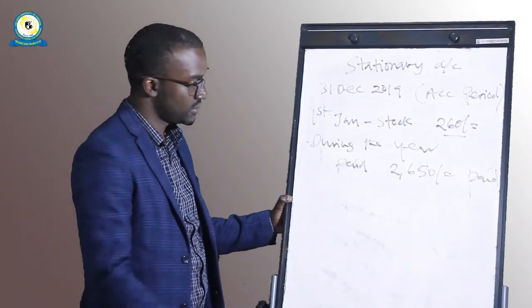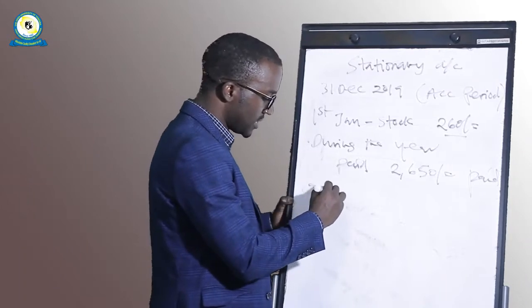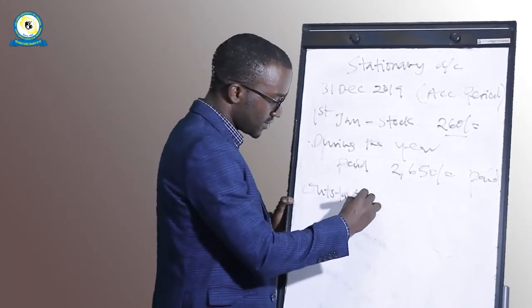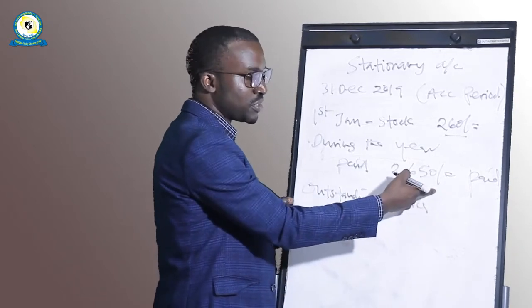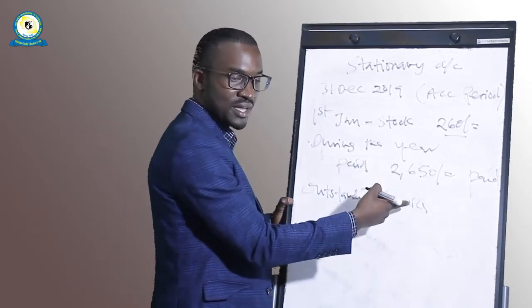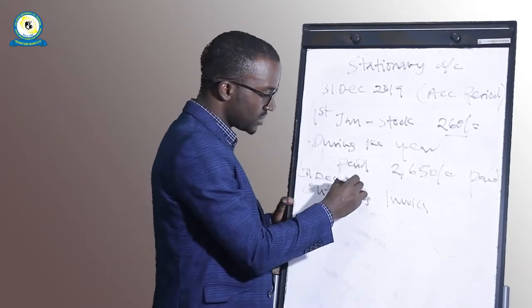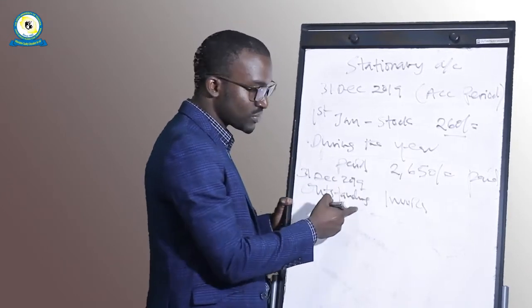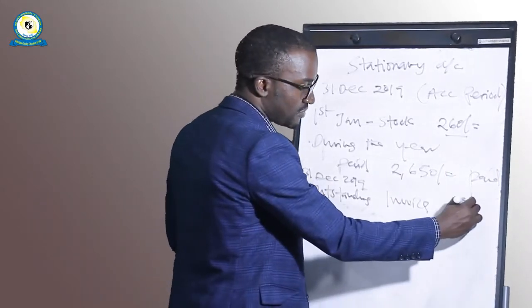But despite this amount that was paid, there was still an outstanding invoice. At the end of the year, that means 31st December 2019, there was still an outstanding invoice of an amount, let's say 150.